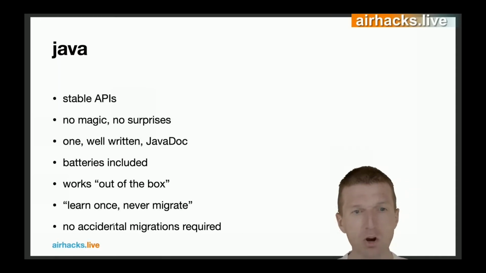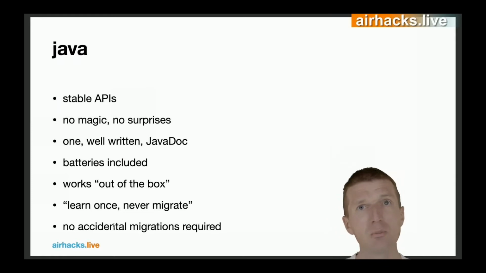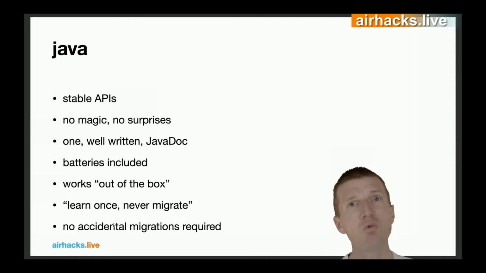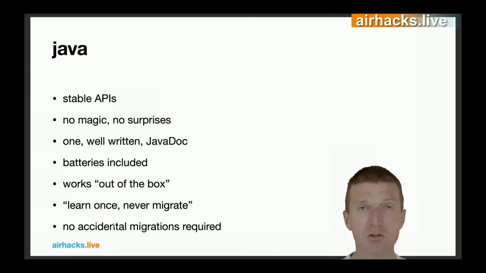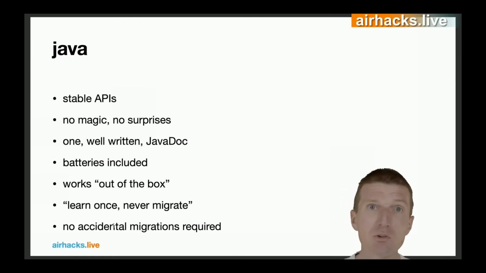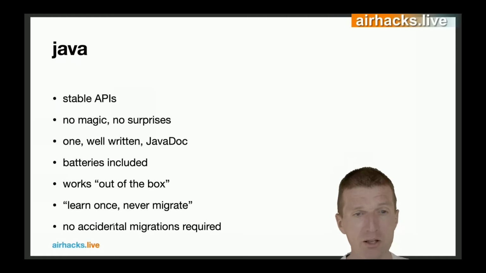Now, no magic, no surprises. Why I think Java is still very popular is that it doesn't have a lot of syntactic sugar. You have to write a little bit more code, but you understand what happens. I'm really surprised by the quality of Javadoc, by the way. Even the oldest JDK 1.0 content is still great. It's way better than what most projects provide. Everything is included in Java, so you can download the JDK and already start.